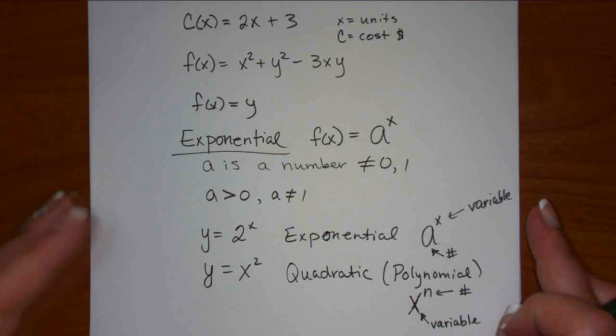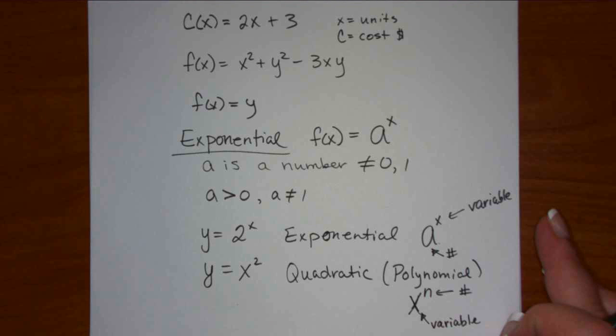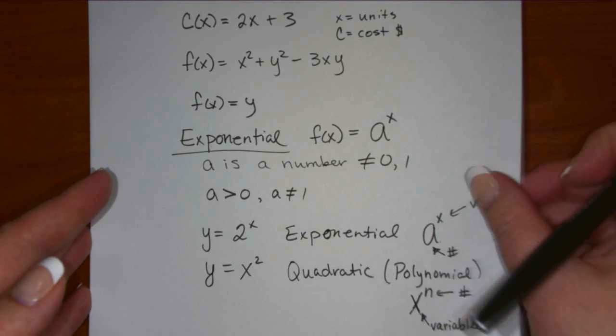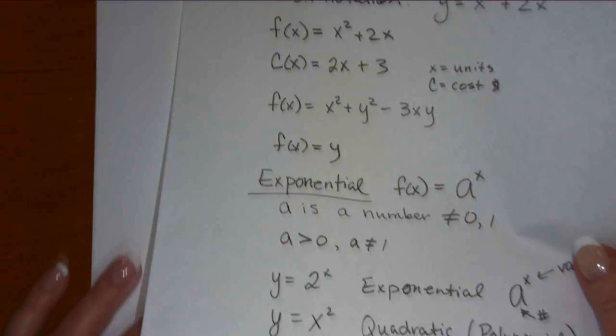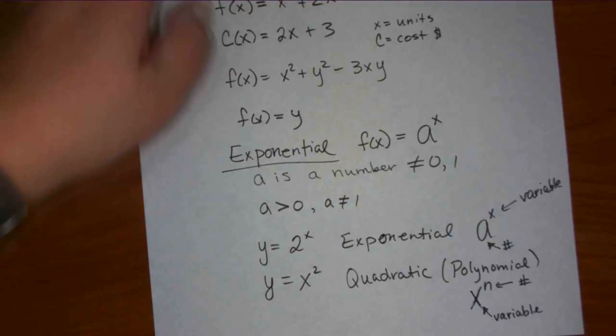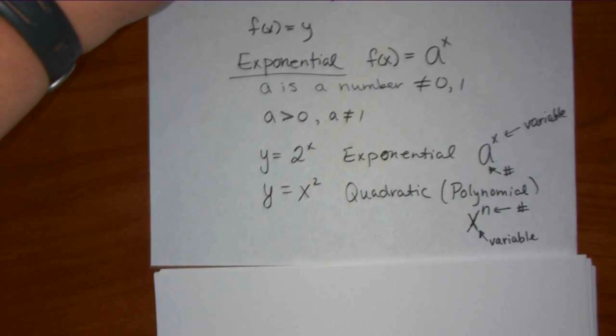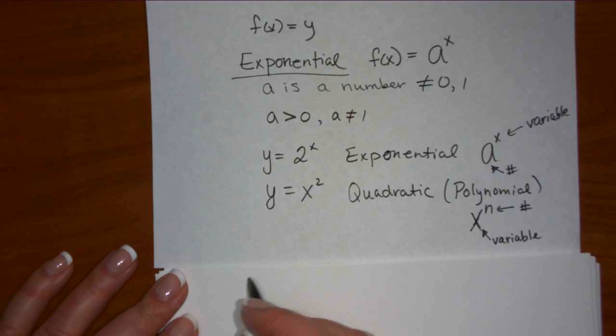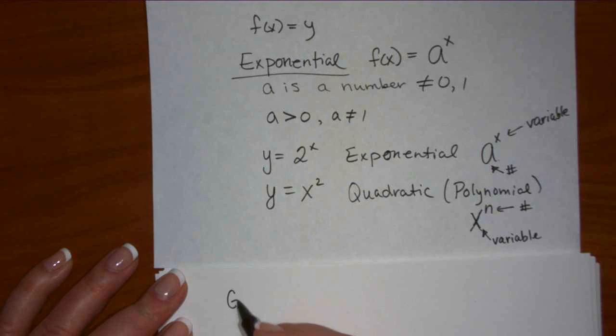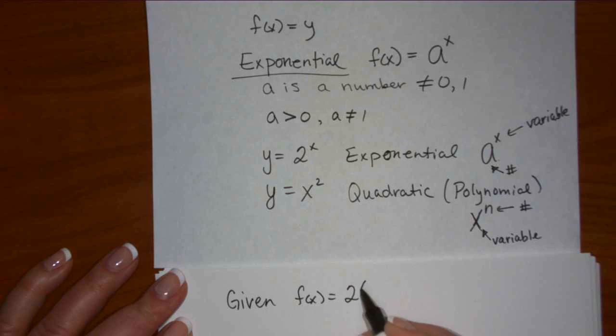So what we're going to do first is I'm going to write 3 down. We're going to do a table of values and draw it so you can see what the graph looks like. But we're not going to get into the graph so much like using transformations. We're not going to do that, but we'll draw the graph just using a table of values and knowing what the basic graph looks like. So we are going to be given f of x equals 2 to the x.